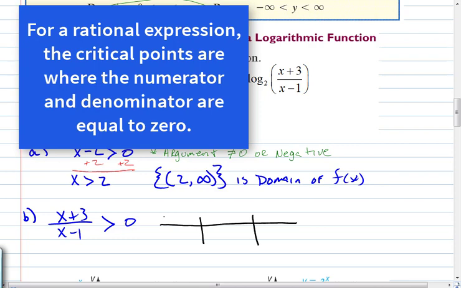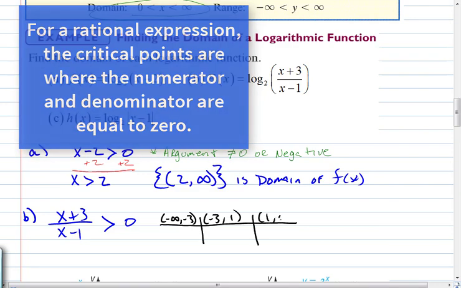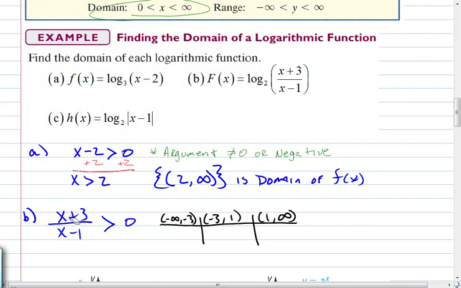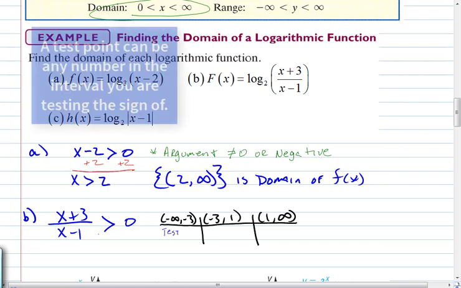So the first interval goes from negative infinity to negative 3, then negative 3 to 1, and 1 to infinity. Negative 3 is the critical point from the numerator, and positive 1 is the critical point from the denominator. Should there be brackets? We have a strict inequality. On a logarithmic function, we cannot be equal to 0. The domain cannot include 0, so it's a strict inequality.